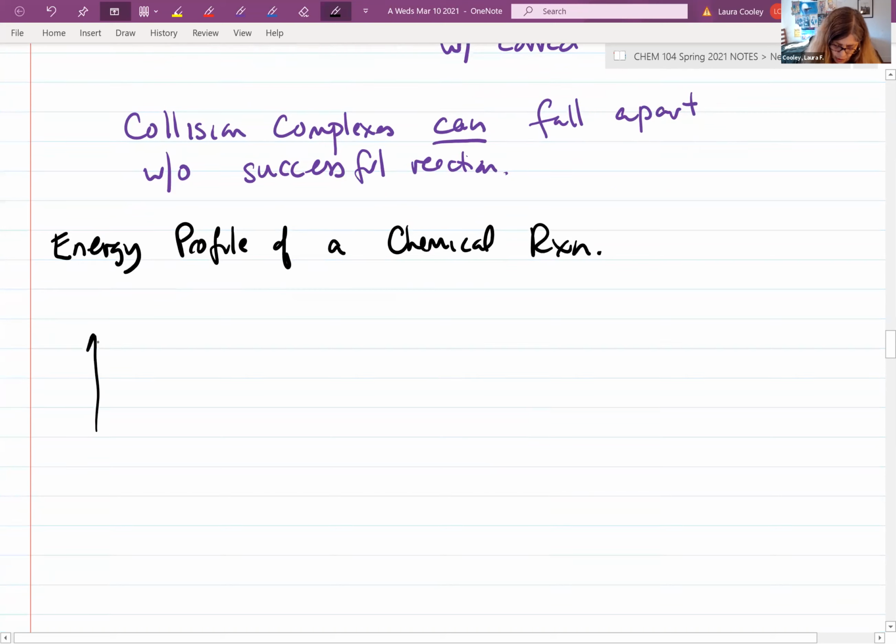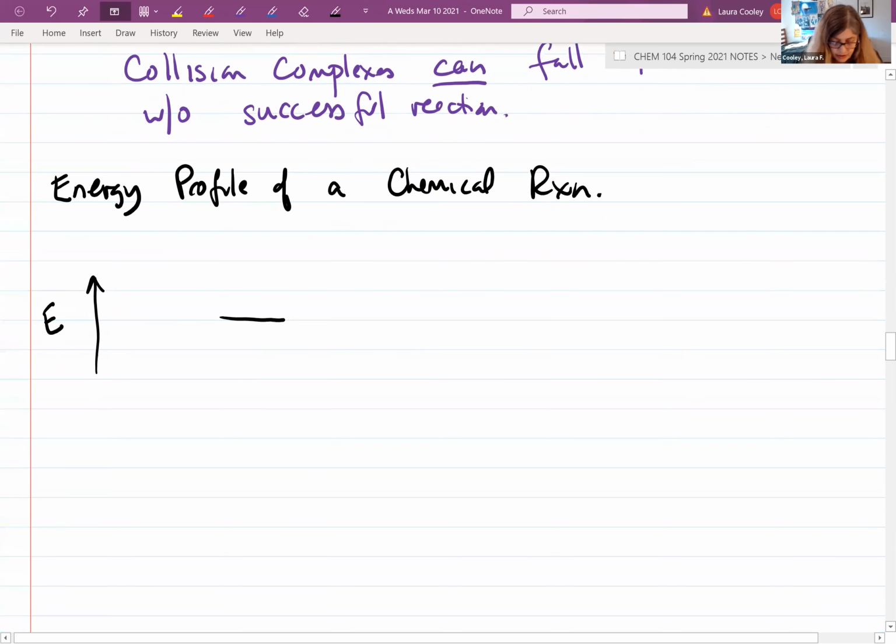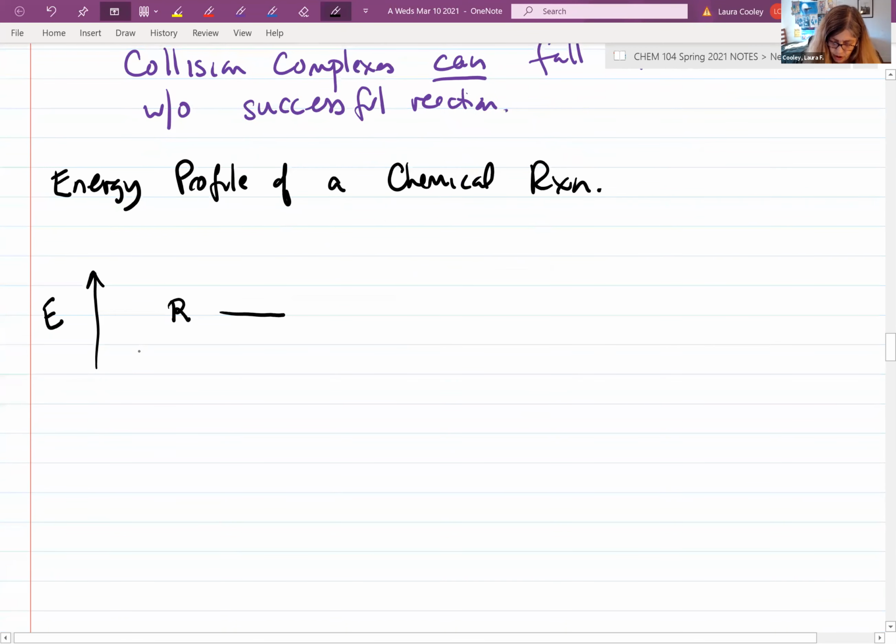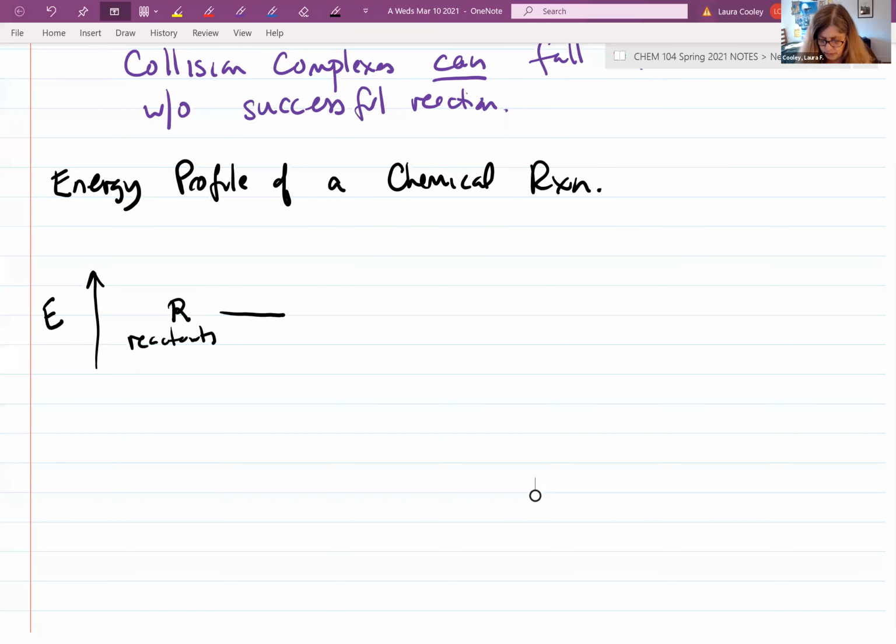So energy is on the y-axis here, okay? Things that are lower down on the energy scale are more stable. Things that are higher up on the energy scale are less stable. So let's say we start out with reactants over here. I'm just going to call that R for reactants. And let's say we're talking about, just for the moment, an exothermic reaction.